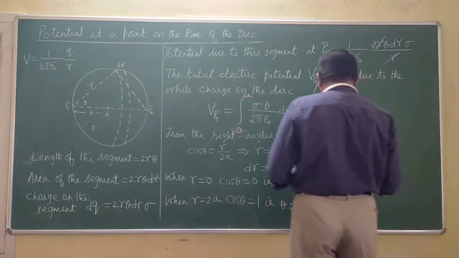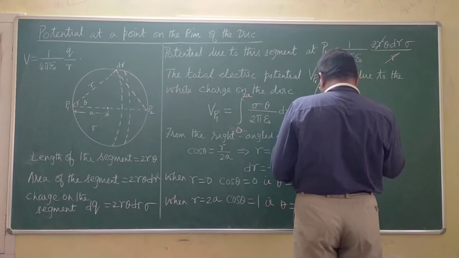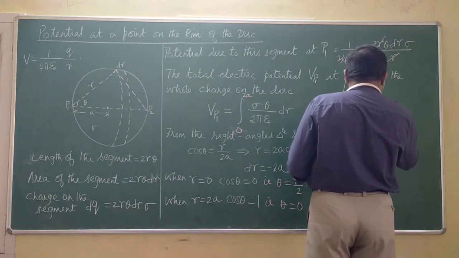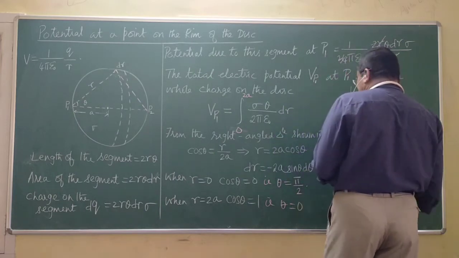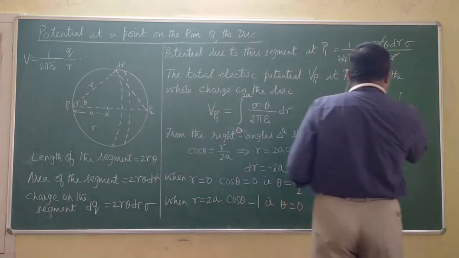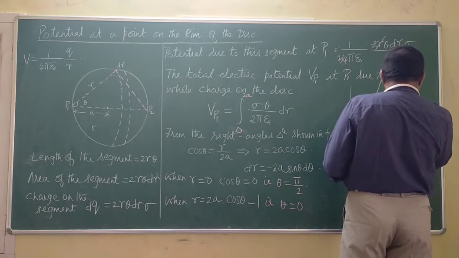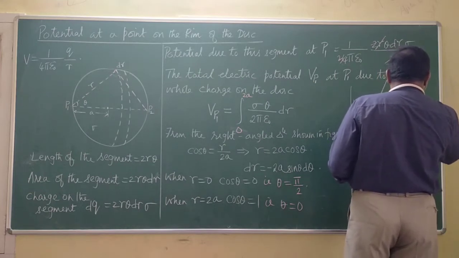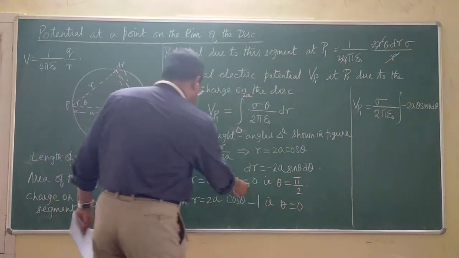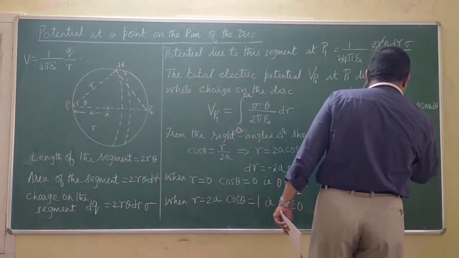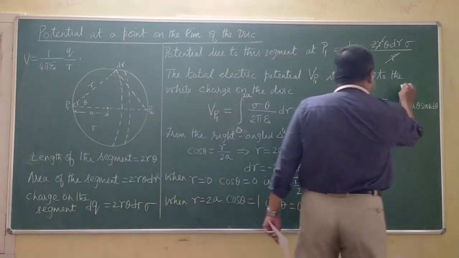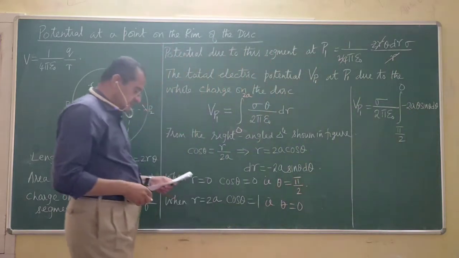How does the expression take a form now? Vp1 is equal to sigma by 2 pi epsilon naught integral, in the place of 2r, minus 2a theta sin theta d theta. Limits, in the place of 0, pi by 2; in the place of 2a, 0. Is that okay to you?